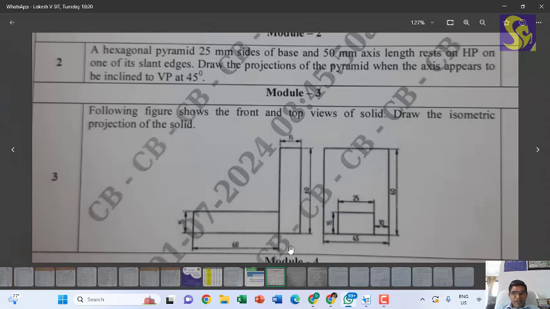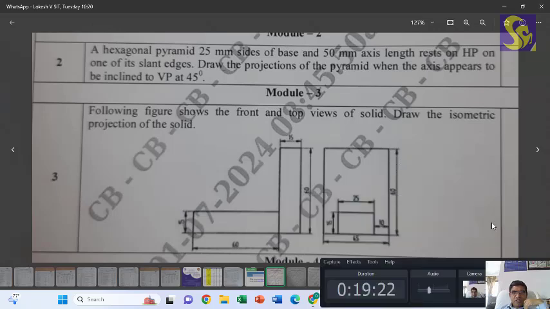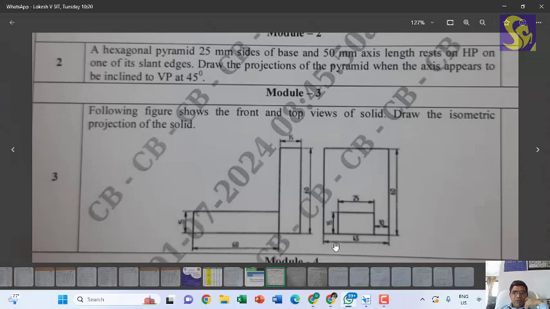One is having a width of 15 mm, height of 60 mm, and length of 45. So it is a 45 by 60 by 15 block, and the second block is 15 by 15 by 25.